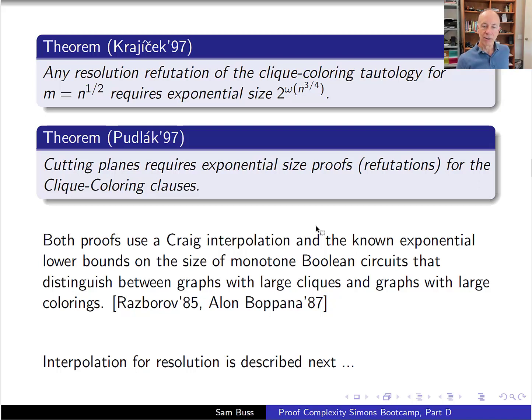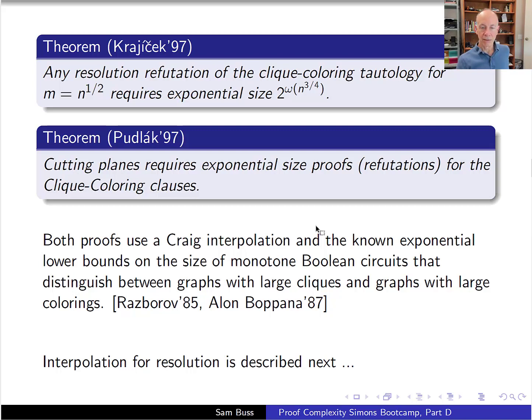They both use a Craig interpolation theorem, which I'll describe on the next slide, and they use known exponential lower bounds on the size of monotone circuits that distinguish graphs with large cliques and graphs with large colorings. For cutting planes, the second theorem, it was required to extend these bounds for Boolean circuits to real circuits, and I'll describe that a little bit later.